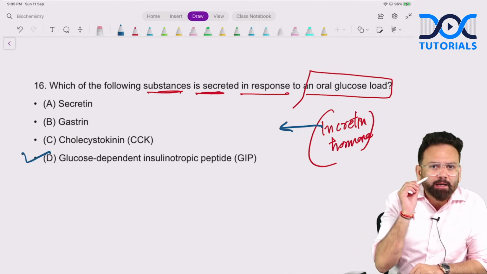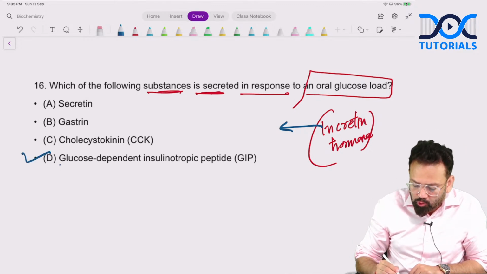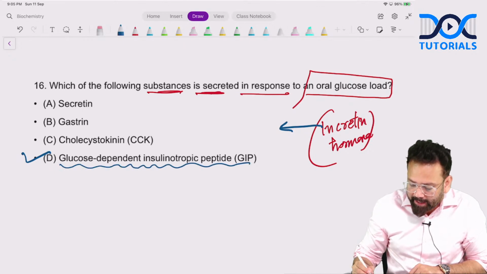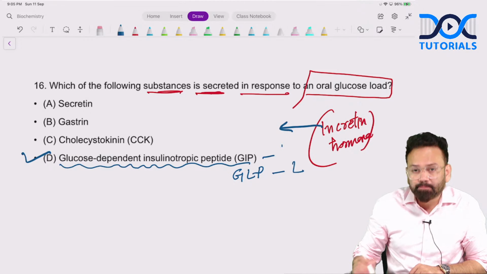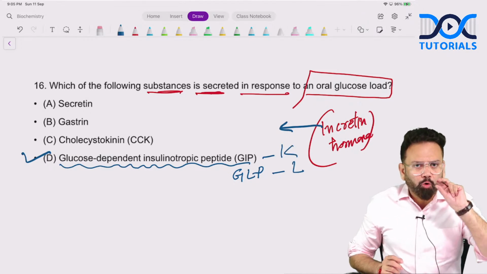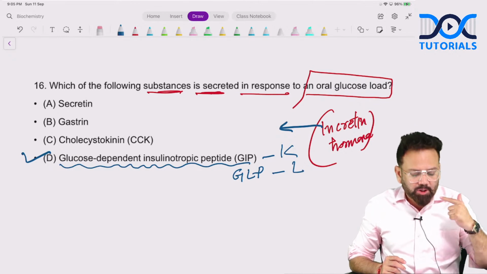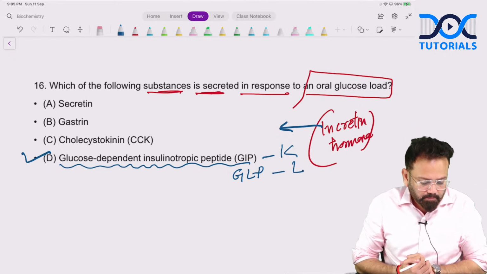There are two incretin hormones. One is glucose-dependent insulinotropic peptide, GIP, and the second is GLP. This is by the L cell, this is by the K cell. If I give oral glucose and if I give IV glucose, in which condition is insulin more? Yes, answer is D. Very good.